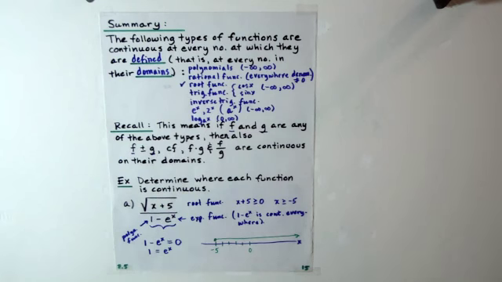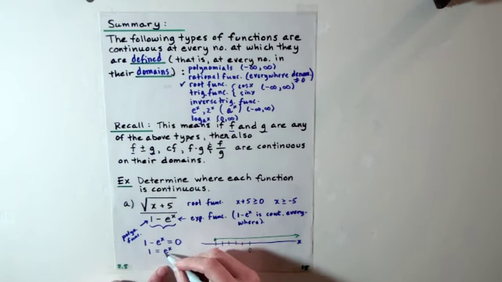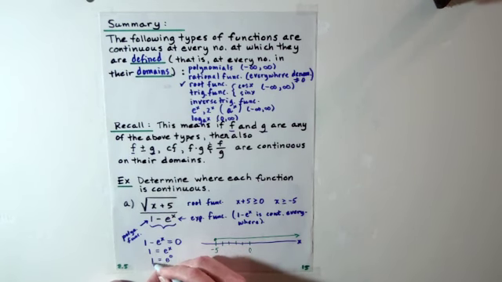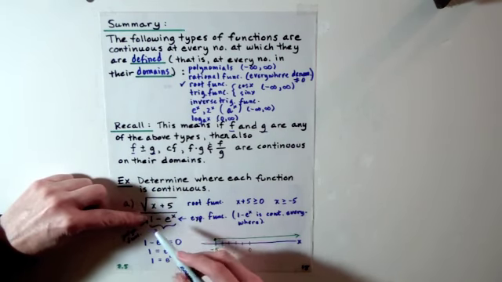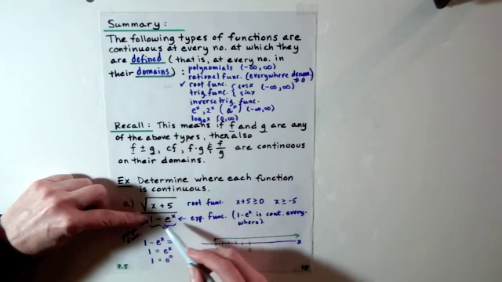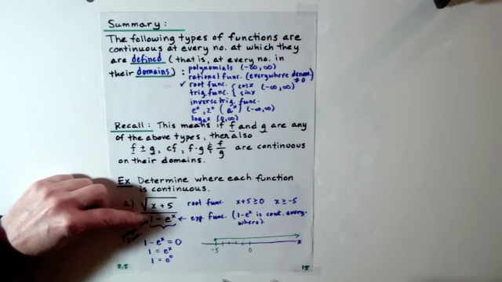Well, remember that any positive real number raised to the 0 is equal to 1. So if x were equal to 0, we would have a problem, because then e to the 0 would be equal to 1. And if I plug that in, 1 minus e to the 0 would be 1 minus 1. That would give me 0.